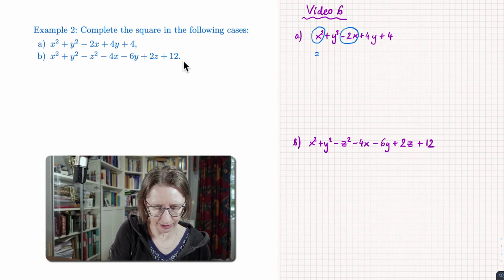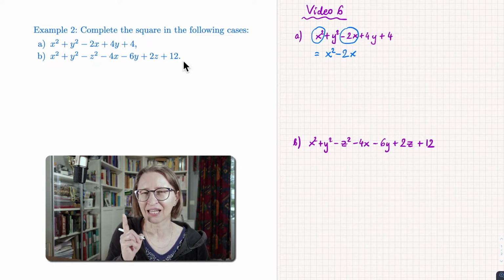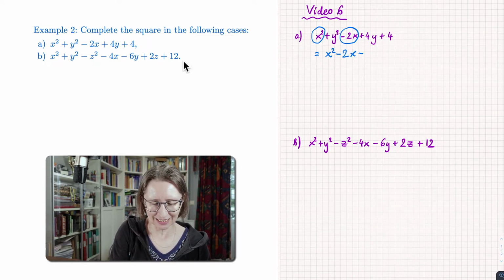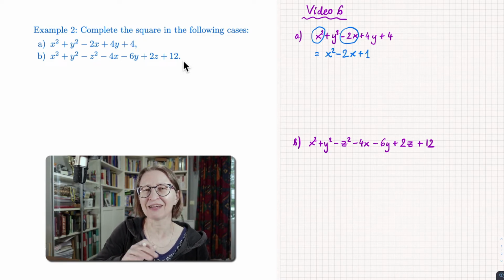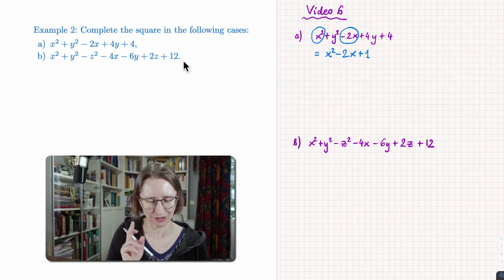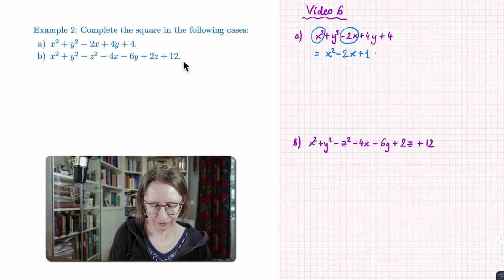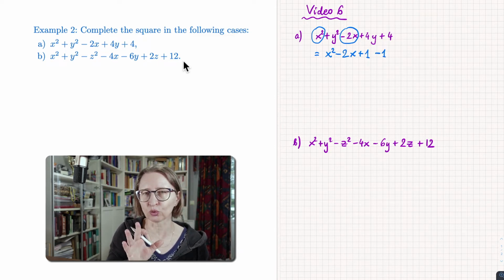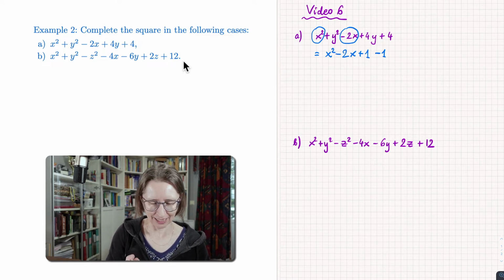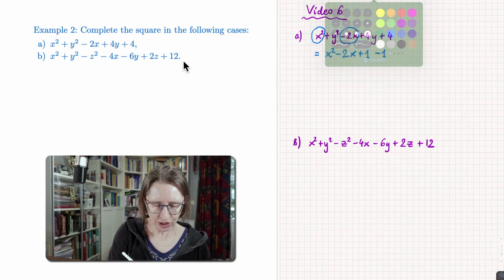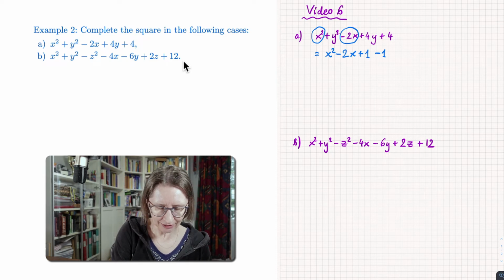Here and here. So I write x squared minus 2x, and by now you know that if I just add 1, I will have a complete square. You know this, right? And of course I have to subtract 1 to be good, to not violate my equality sign. And now I proceed to variable y. I have y here and here.